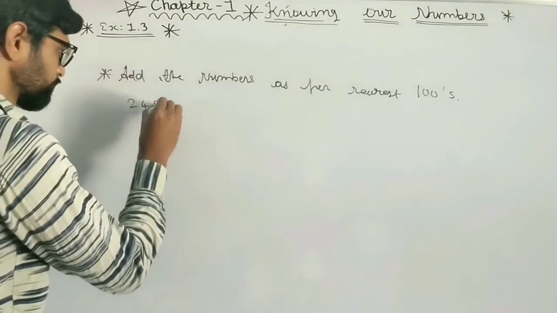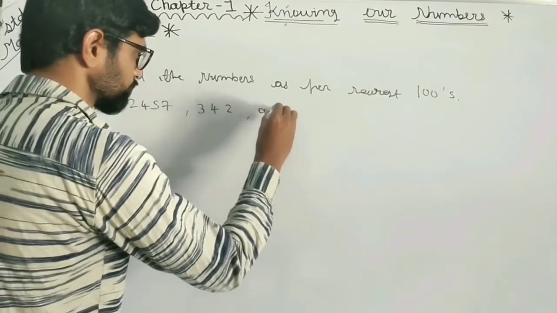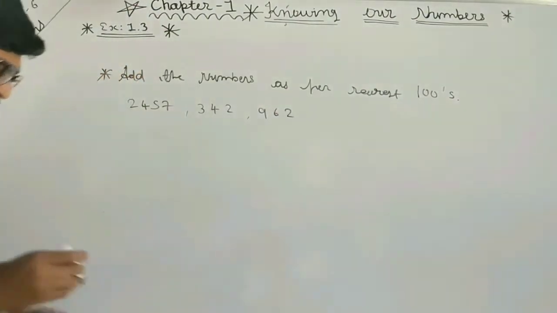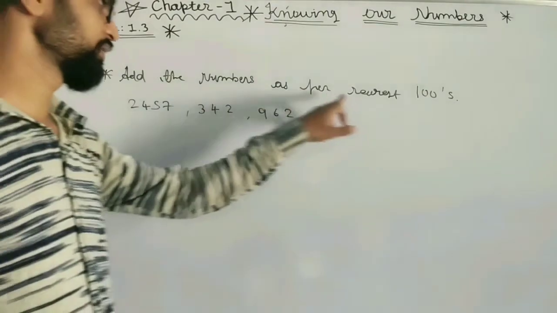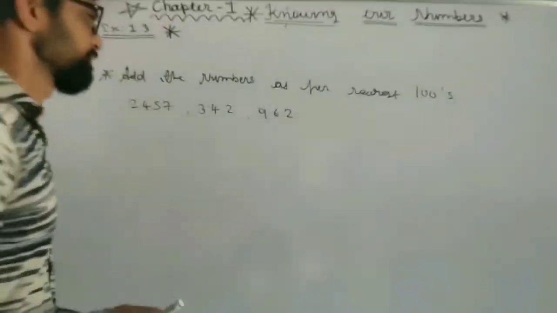And the numbers are given like this, 3 numbers. Here first we have to add, and the second requirement for us is nearest to 100.